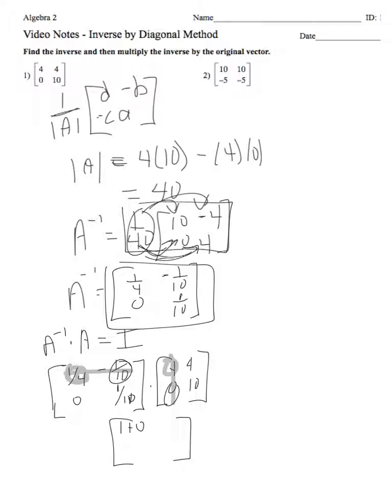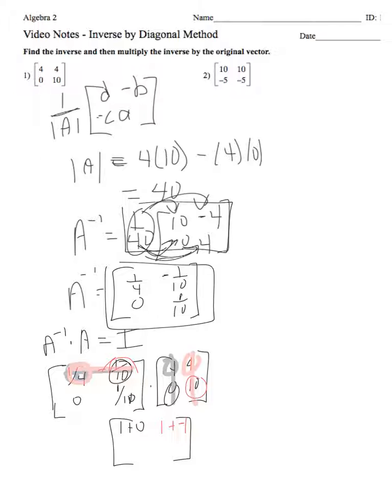Then I'll change colors here. I'm going to do this times this. That's 1/4 times 4, so that will be 1 again, plus, now here I have negative 1/10 times 10, which is a negative 1.